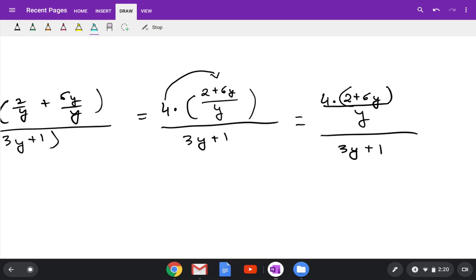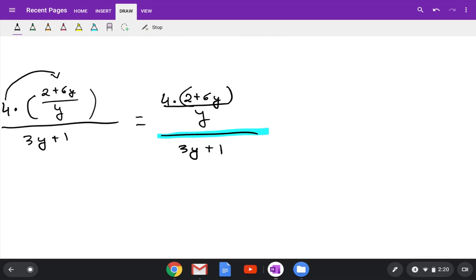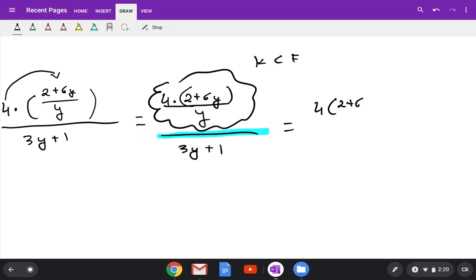So here, guys, I'm applying keep change flip again. Keep this one. So that will be 4 times 2 plus 6y over y.